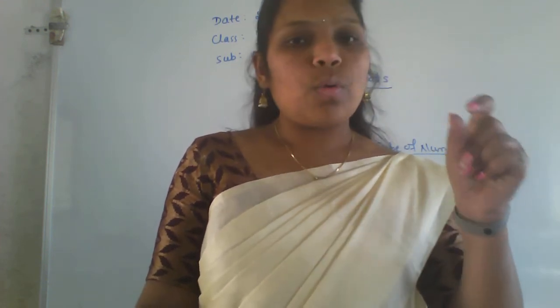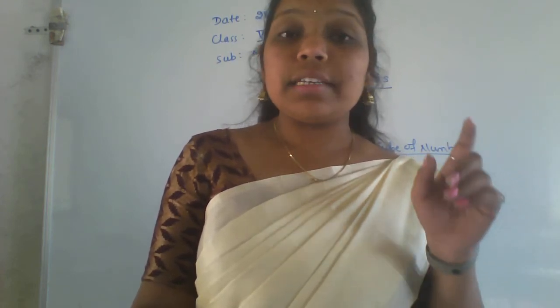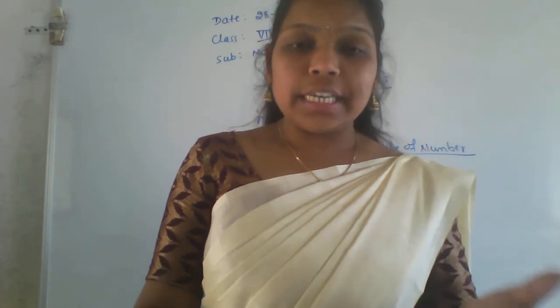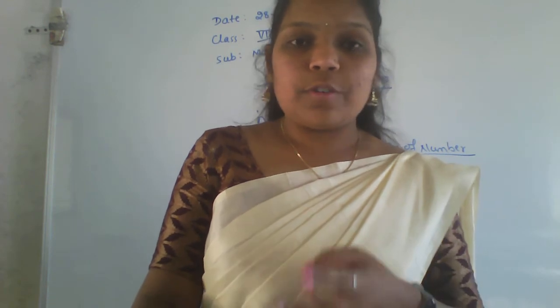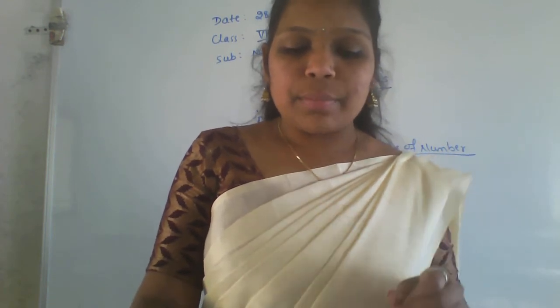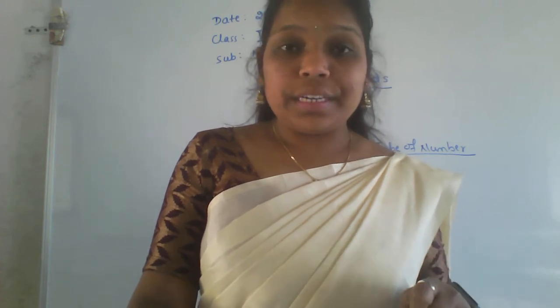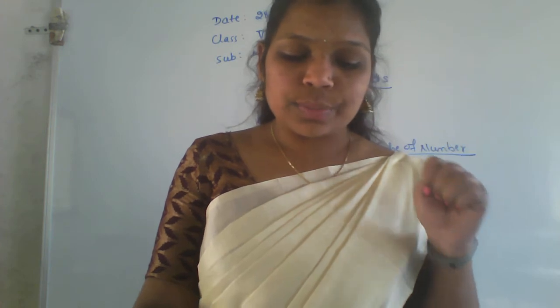See here, only one 0 is there, so take 10. Our number is 10. What is the cube of 10? 10 into 10 into 10, right? So we have to write three zeros. For that reason, any number ending with a 0 digit ends with three zeros in its cube. That is one of the properties.